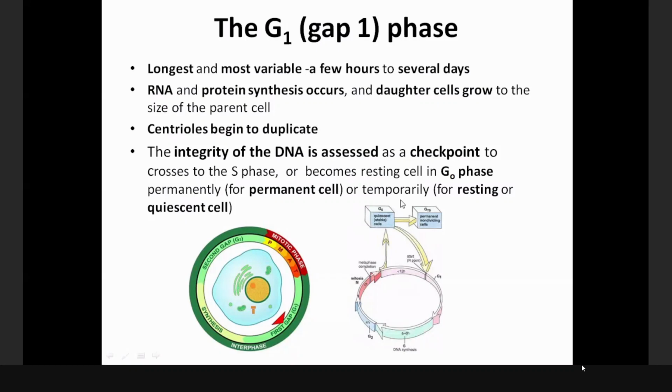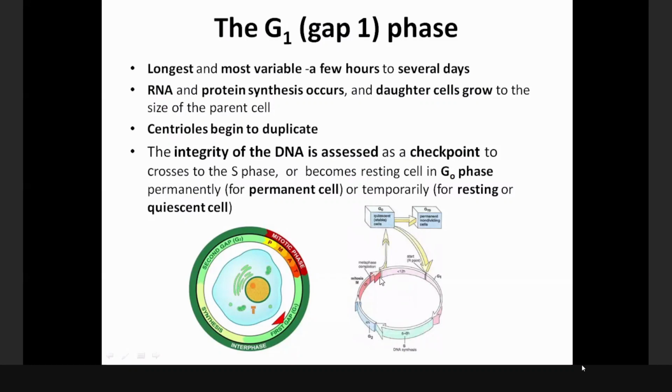When needed for quiescent or stable cells, other types of proteins would trigger the cell, so it comes to G1 phase and then crosses to the next phase. In permanent cells, there is no protein to trigger it to come back to the cycle, so it remains there, and we call this a permanent cell.